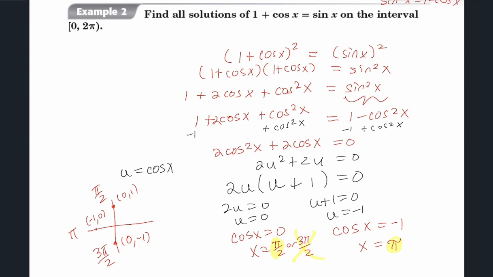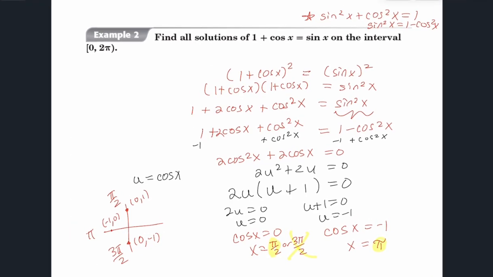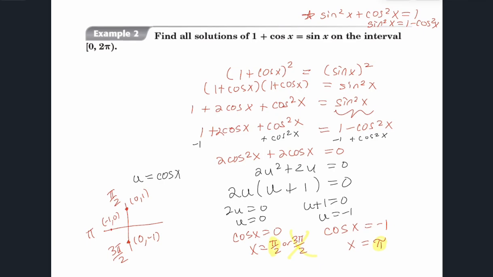Okay, so that is one where we had to square both sides. Do we have any questions about that one? If you plug these x values back in the original, just using the unit circle, let's think of pi over 2. 1 plus the cosine of pi over 2 equals the sine of pi over 2.